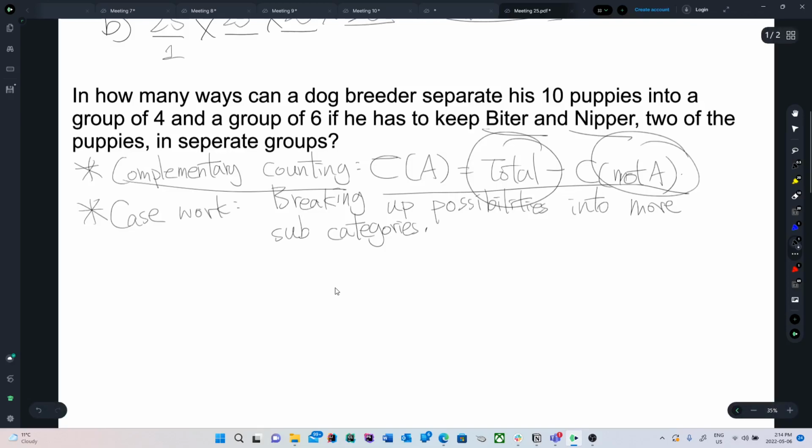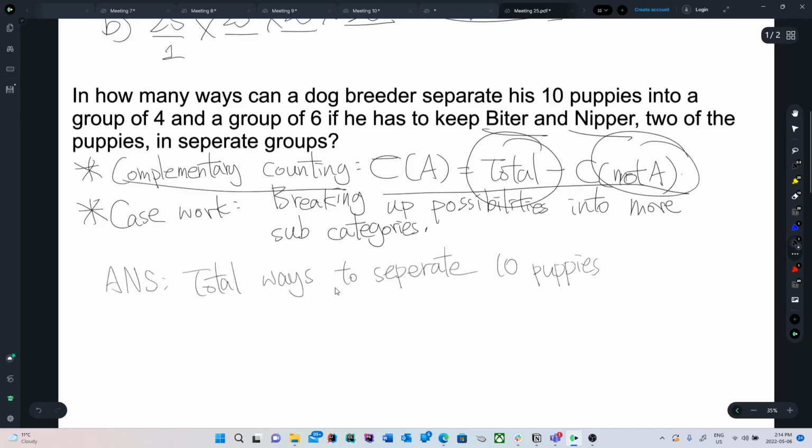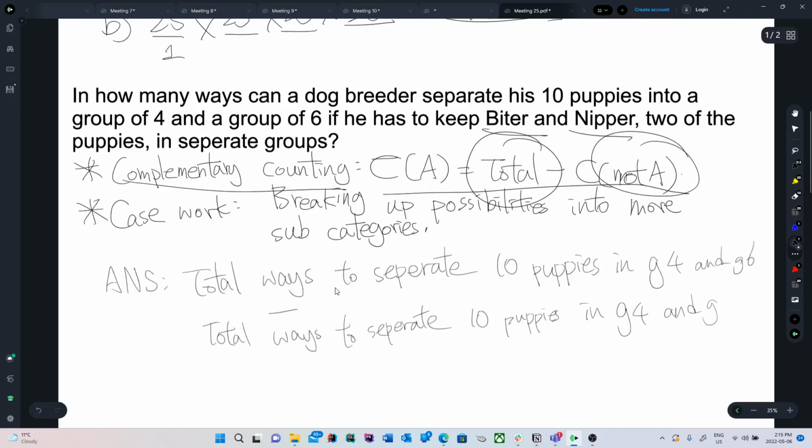So our answer can be written as: total ways to separate 10 puppies into a group of 4 and a group of 6, minus total ways to separate 10 puppies into a group of 4 and a group of 6 in which Bitter and Nipper are together.